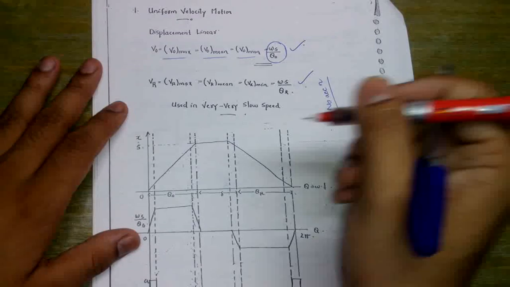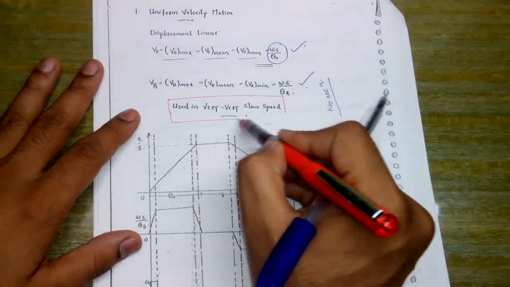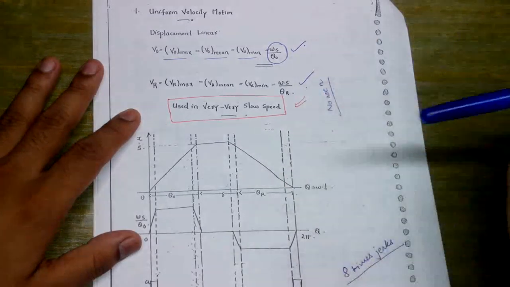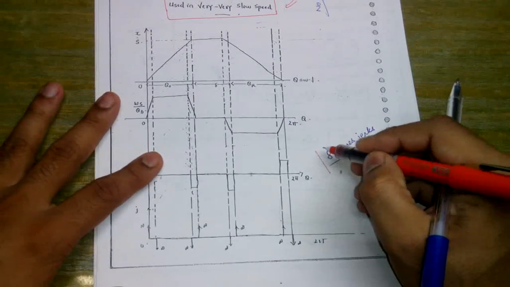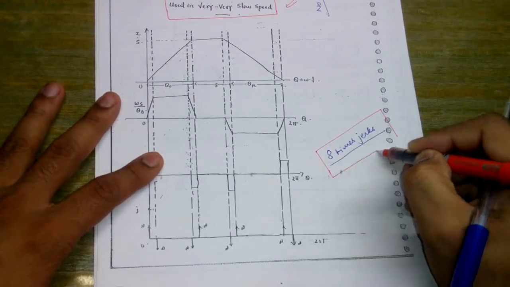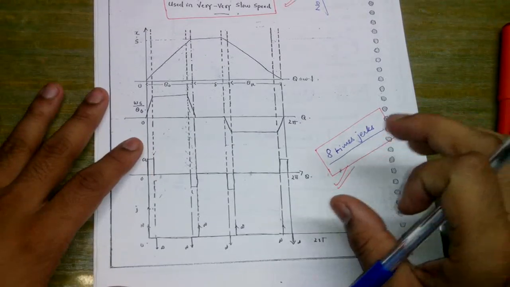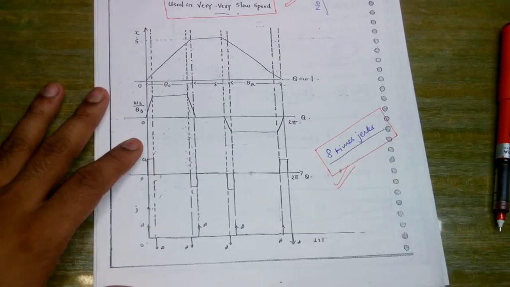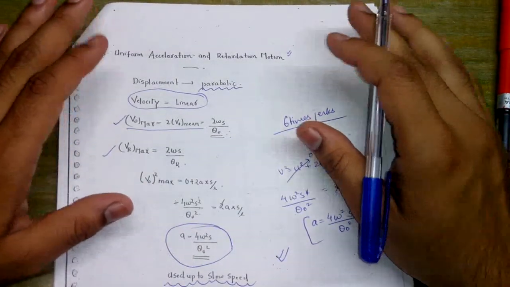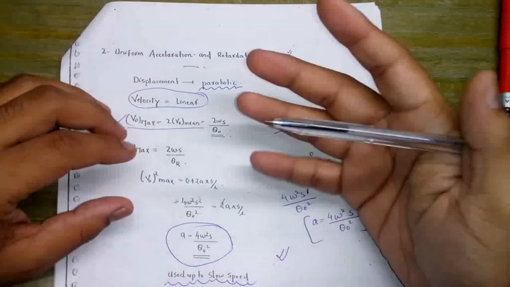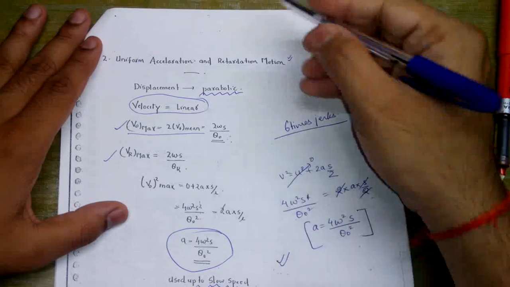And please note that this is used in very slow speed conditions. And we simply have to remember that it is actually having jerks equal to infinite times. We are having infinite jerks in this uniform velocity motion of the cam. तो जर्क हमारा वहां पर आएगा जहां पर हमारा एक्सेलरेशन जो है वो चेंज हो जाएगा. तो नेक्स्ट वी कम टू द यूनिफॉर्म एक्सेलरेशन एंड रिटार्डेशन मोशन.